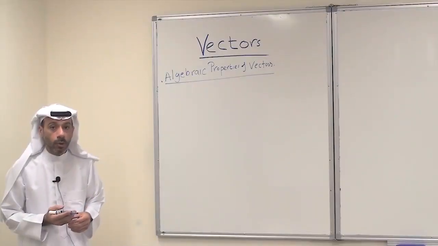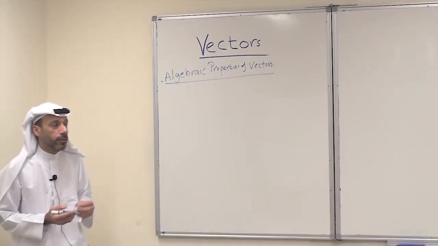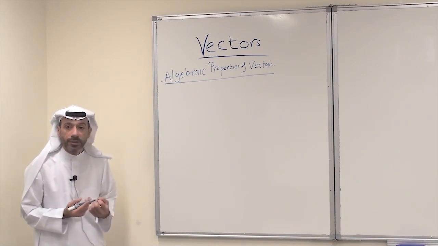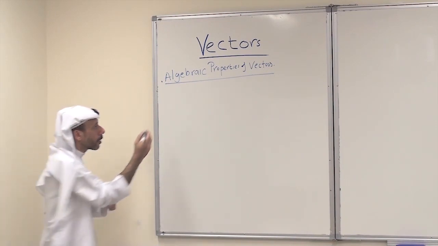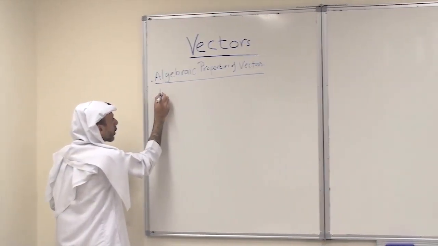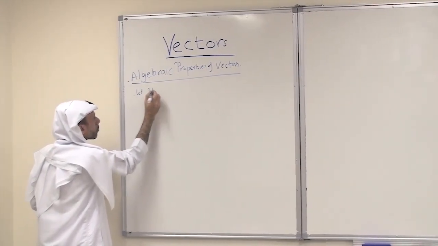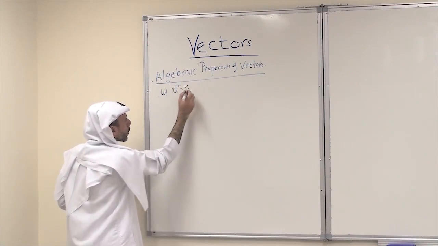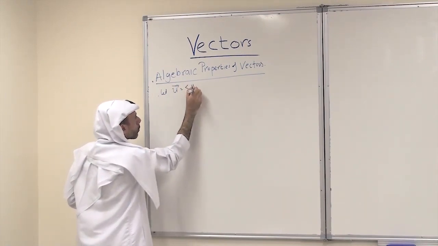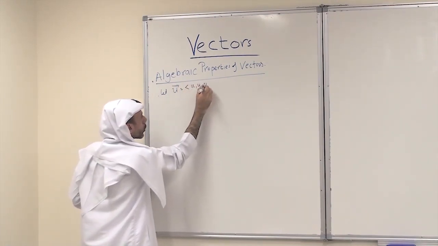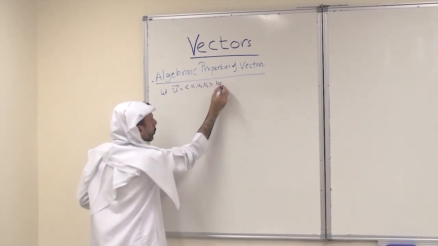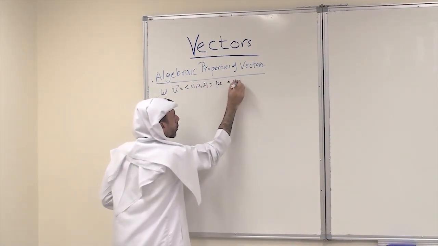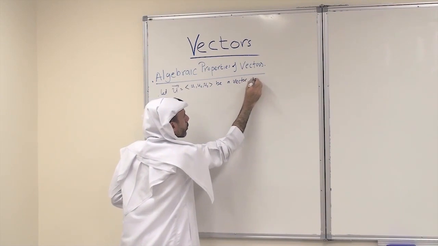We continue our work with vectors, and now we consider the algebraic properties of vectors. So let's take a vector. Let U be the vector given by (U1, U2, U3), a vector in 3-space.